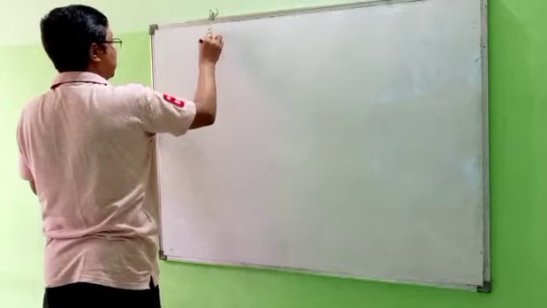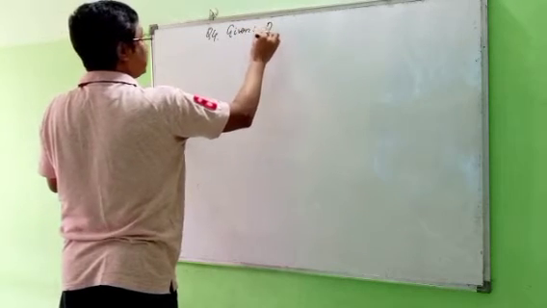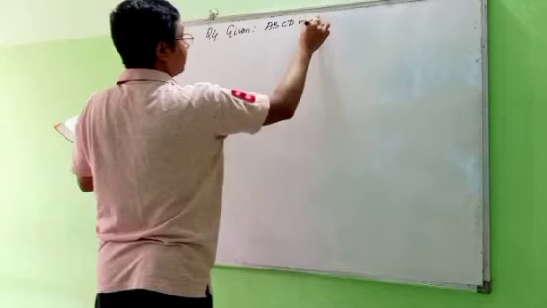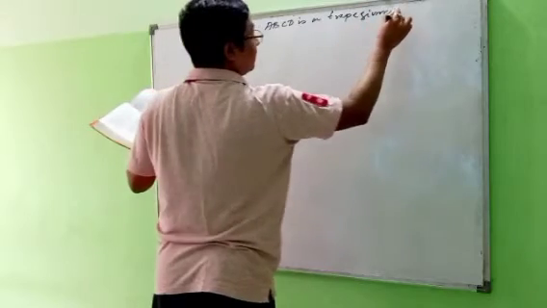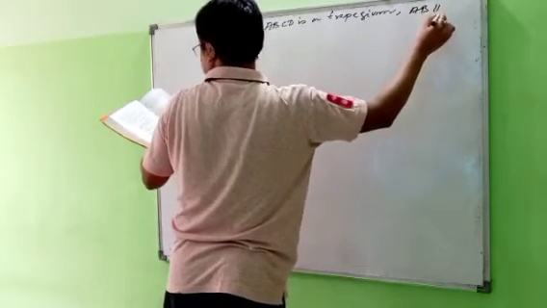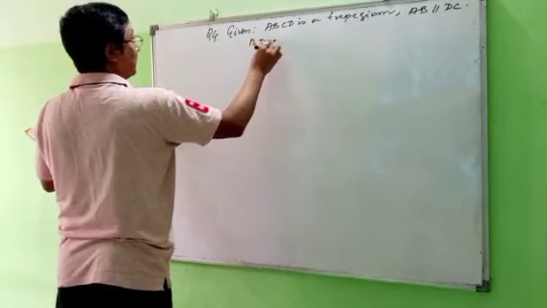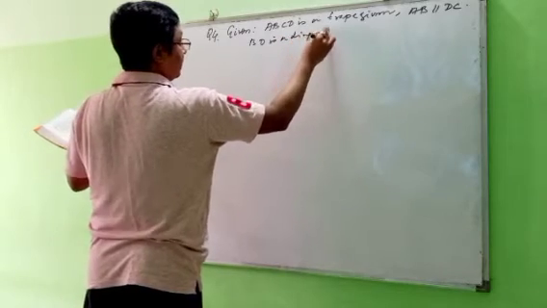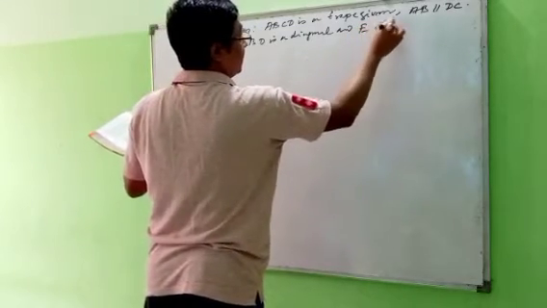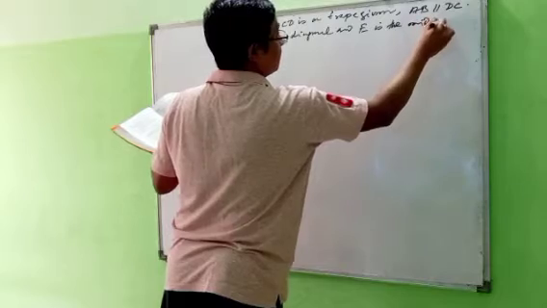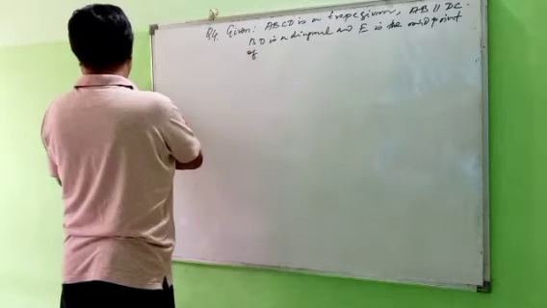Let us take question number 4. It is given that ABCD is a trapezium. AB is parallel to DC. BD is a diagonal. And E is the midpoint of AB.